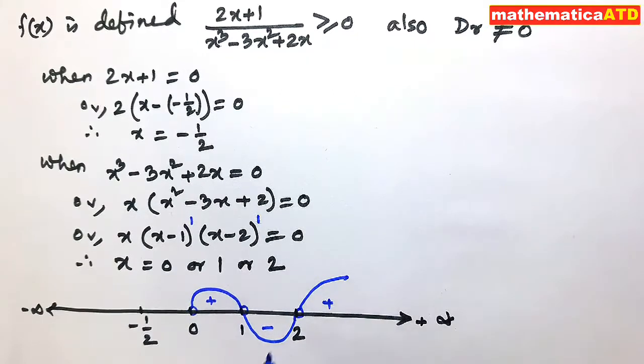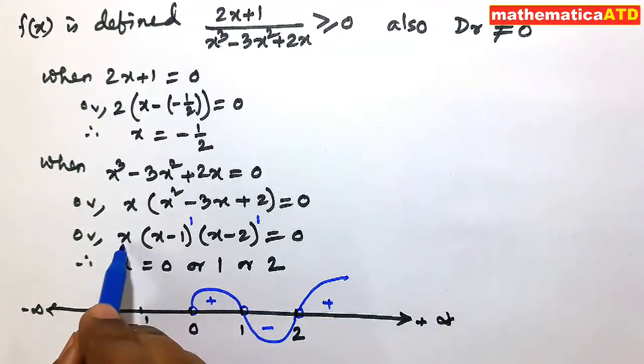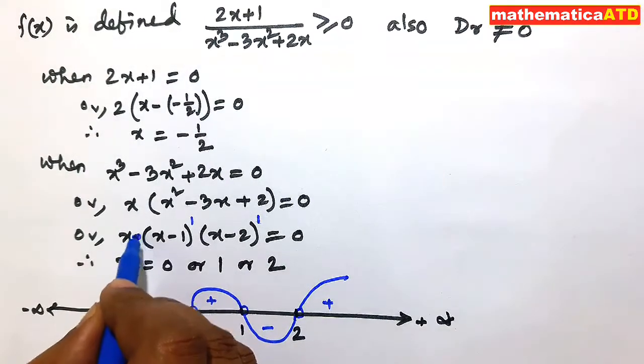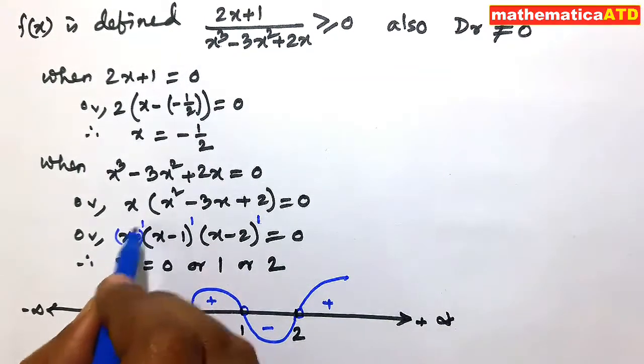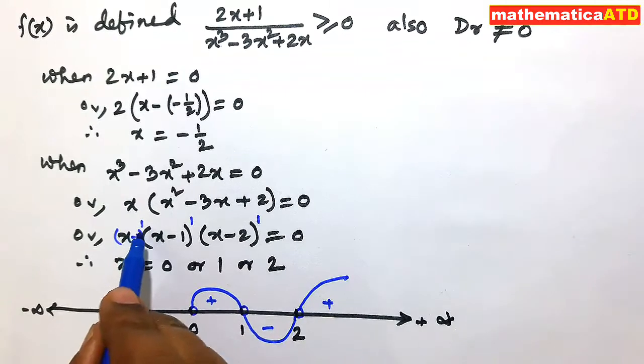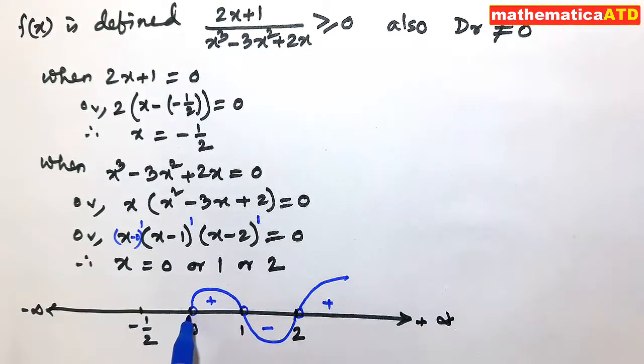This is positive sign. Next, at the critical point 0, we find that the factor is x, that is x − 0, and its power is 1. 1 is again an odd number. So we shall change the sign. So minus.